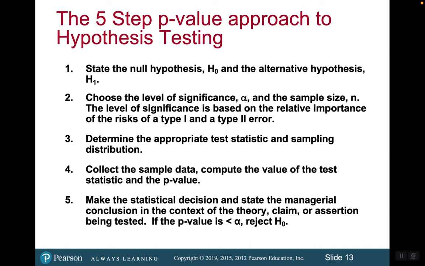Then we determine our test statistic and sampling distributions, collect the sample data, do our calculations, and compute the value of the test statistic and the p-value, and use that as the basis for our analysis. Then we make our statistical decision and state the managerial conclusion in the context of the theory, claim, or assertion.